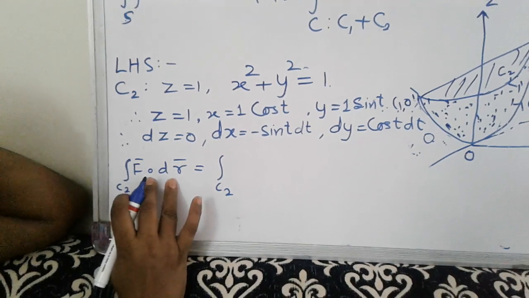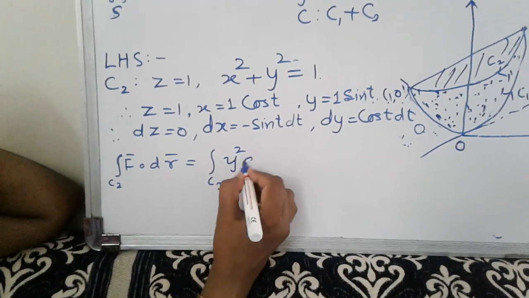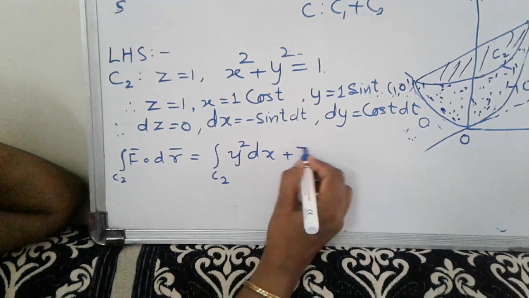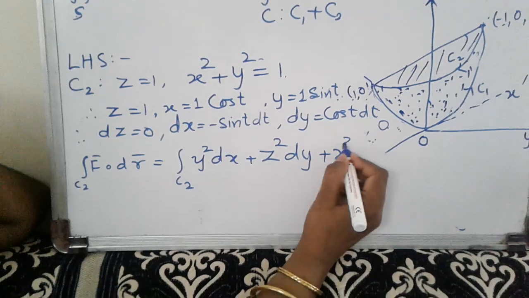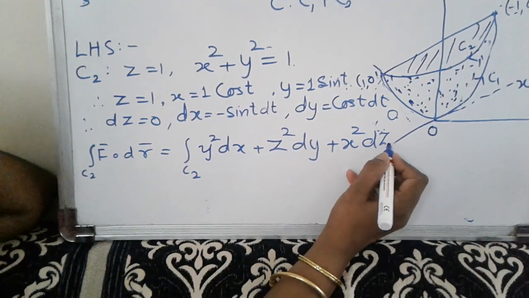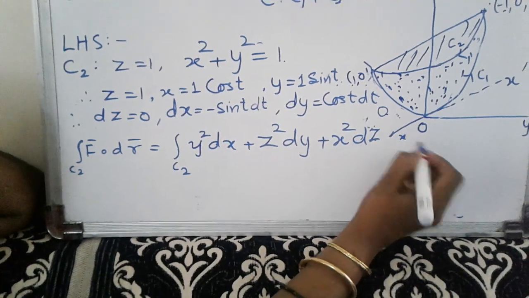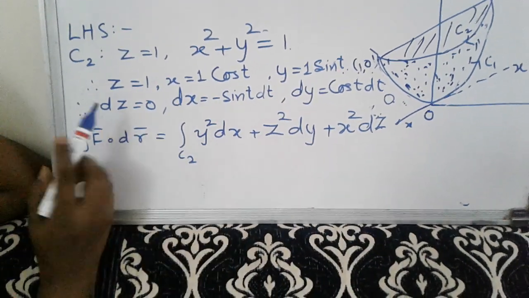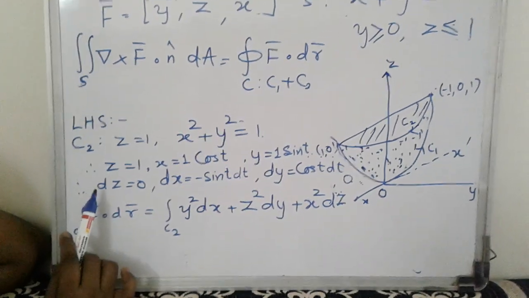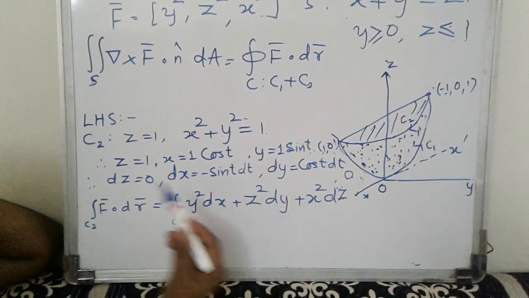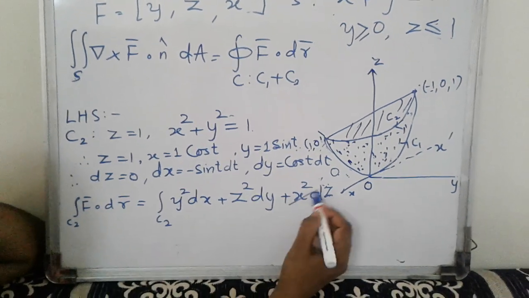This dot product, again it is a scalar function, and therefore it is y square dx plus z square dy plus x square dz. Here we now try to use the data for the path C2. Let's see, dz is 0, so this term will tend to 0.